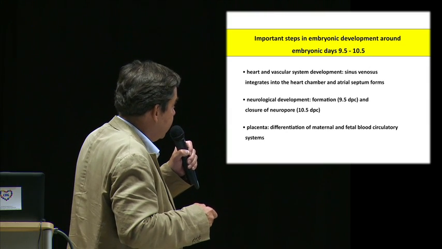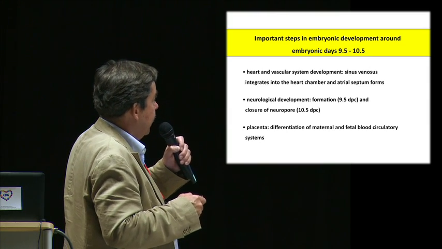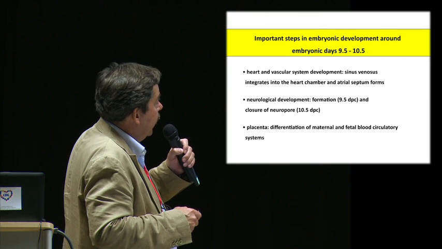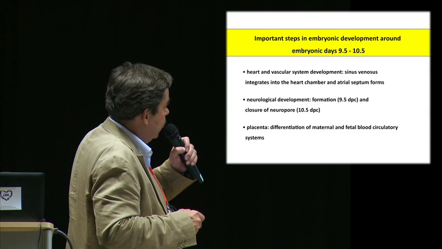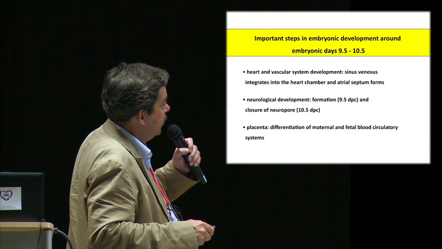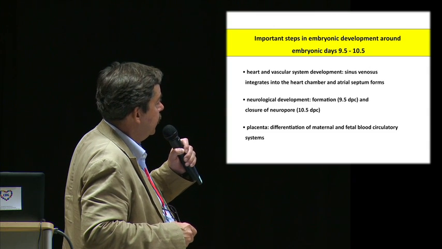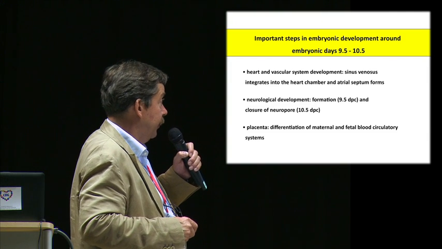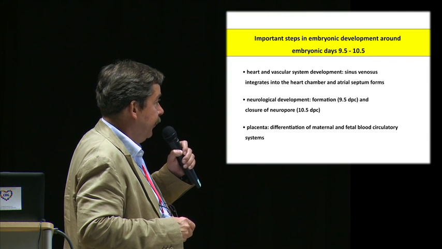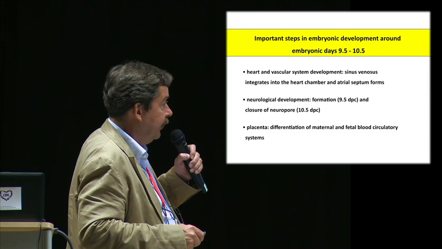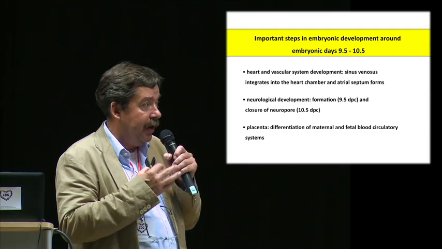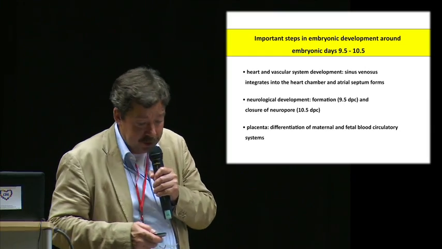What's happening there is that the heart and vascular system development is taking place, and the neurologic development is taking place. To my opinion, what is very crucial for our embryos is that differentiation of maternal and fetal blood circulation systems are coming together, and that this is not working.